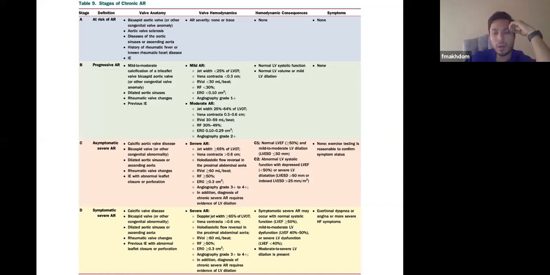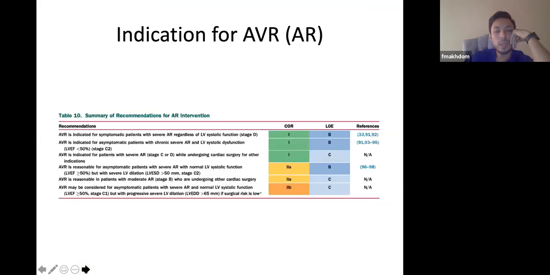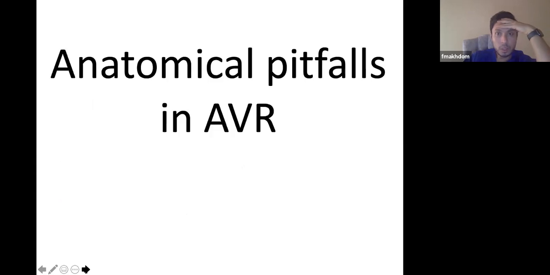You have to discuss it with a very experienced echocardiographer. Sometimes transthoracic echo is not enough. You may need to do a transesophageal echo to get full information. So we talked about the guideline for aortic valve replacement in patients with aortic regurgitation.